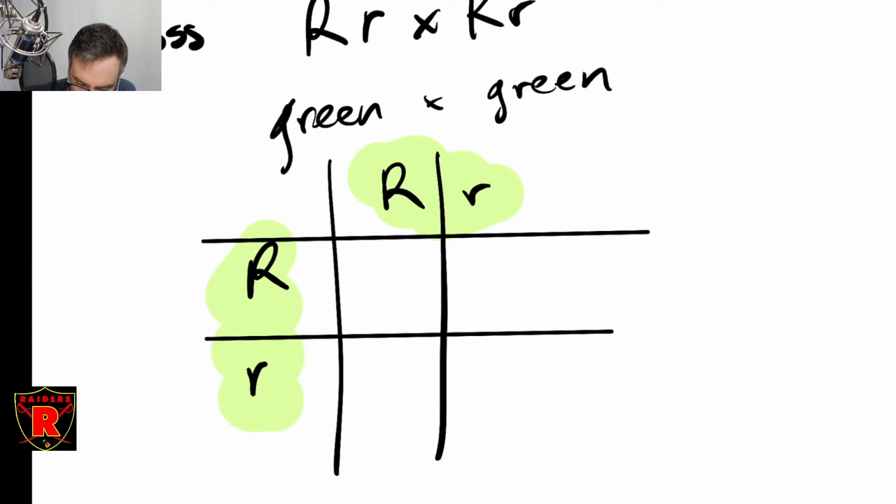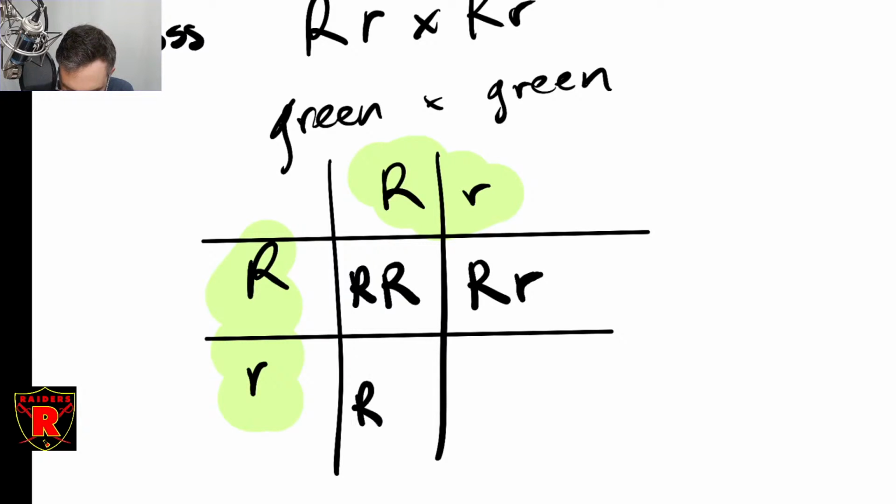And now when we do this, we're going to get big R, big R. Okay, that's if both parents give a big R. Or we're going to get big R, little r. Or we're going to get big R, little r. Or if both parents give a little r, we're going to get little r, little r.